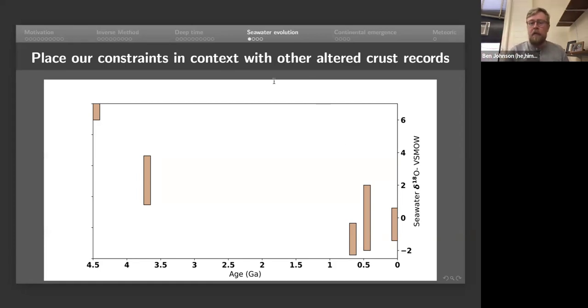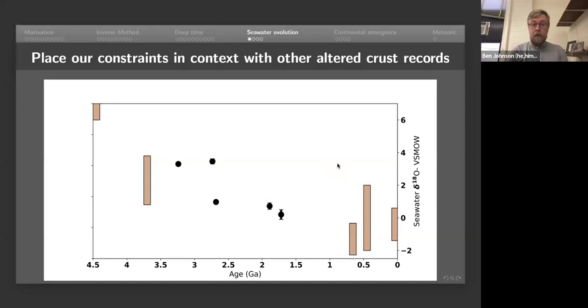So we've got these previous records showing here, and our estimates of Phanerozoic values fit within this little orange box here that's close to modern day. It sort of shows some more detail in there, but it's well within that estimated range.